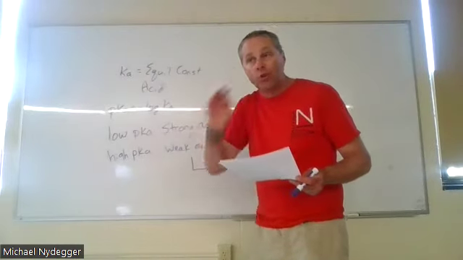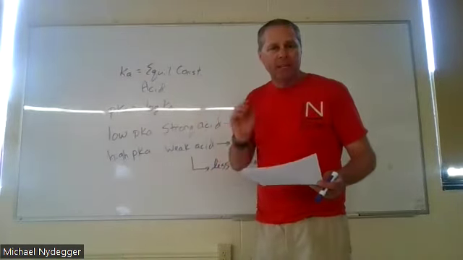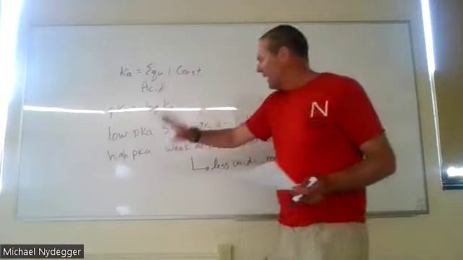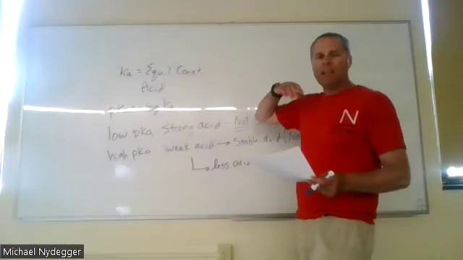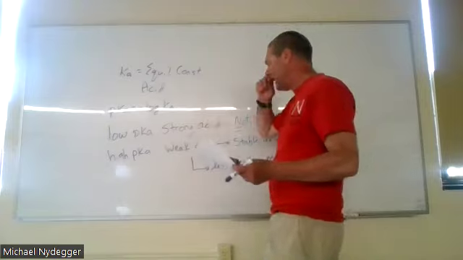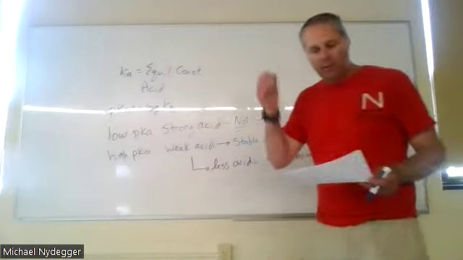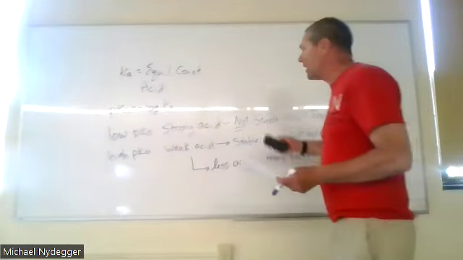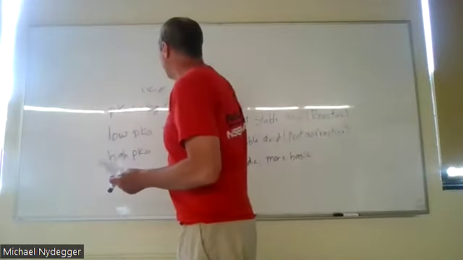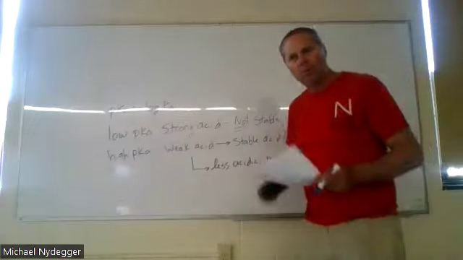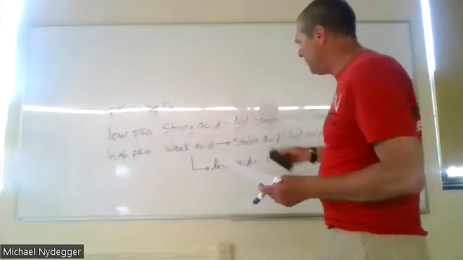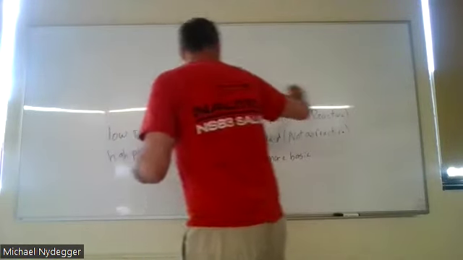You have to have a good intuition as to how these pKa's work, in the sense that if you have a low pKa, that's going to be a strong acid. If you have a high pKa, that's going to be a weaker acid. You kind of want to get used to that and put some meaning to those numbers. That's my goal. I'm going to try to put some meaning to these numbers.